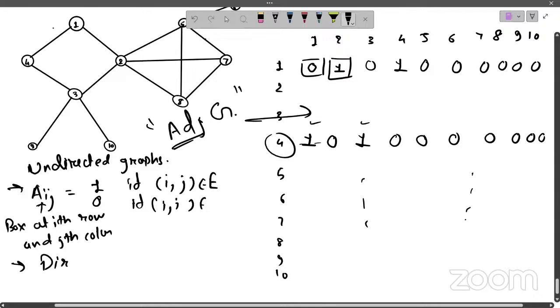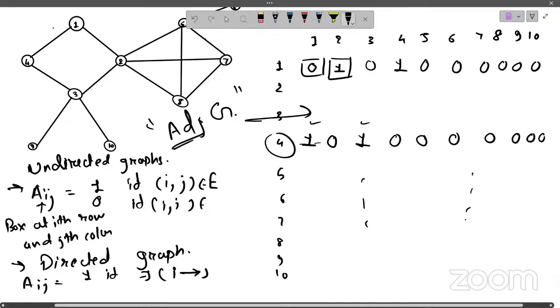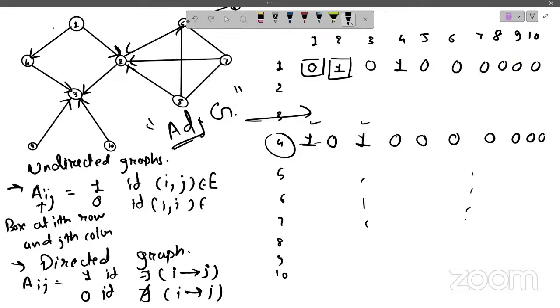Now for a directed graph, our Aij box contains the value 1 if there is an edge from i to j. I mean, I want this direction edge, not the other way around. Then I'll put 1, otherwise I will put 0. 0 if there does not exist any edge from i to j. For example, if I give this graph a direction, suppose this is my direction. Now this is my directed graph.